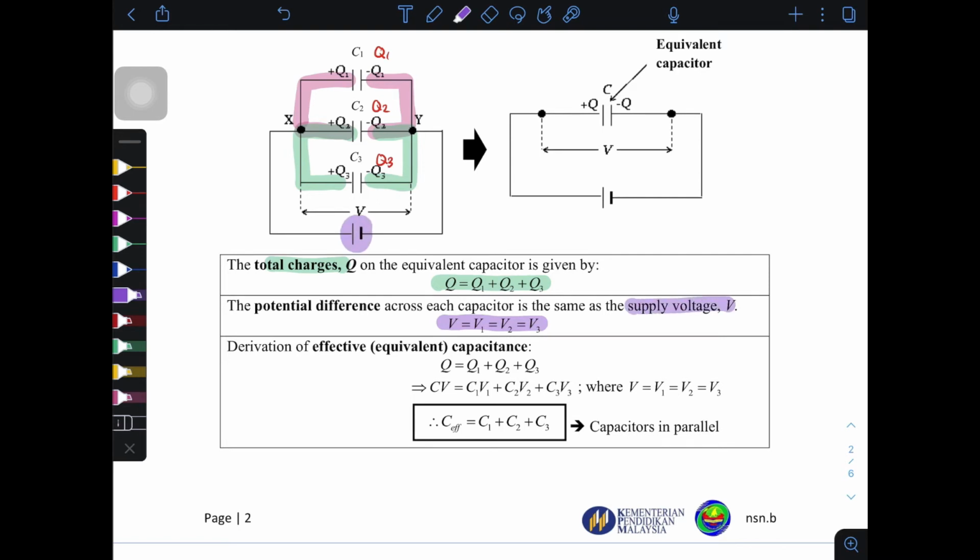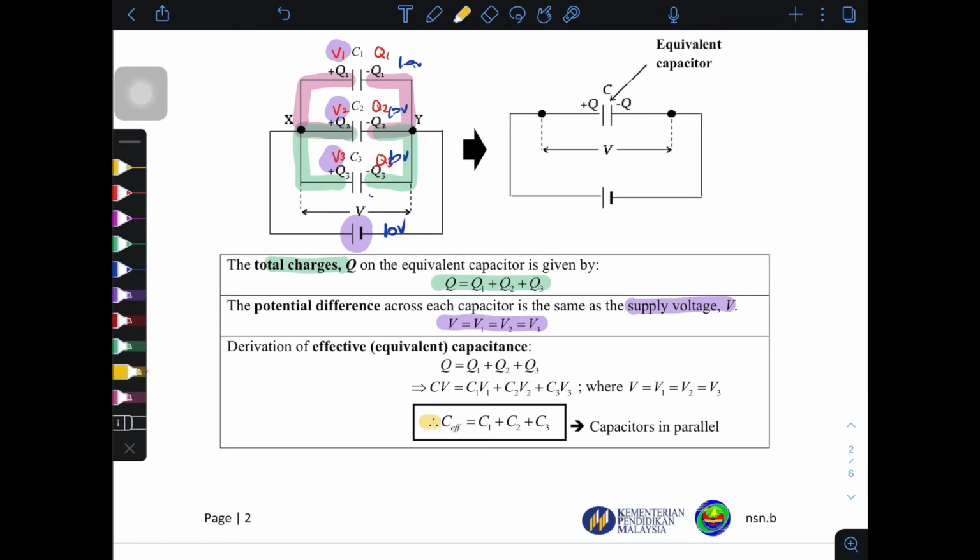So, this is the V supply. So, V supply sama dengan V1 dekat sini, sama dengan V2, sama dengan V3. So, V dia yang sama. Kalau 10 volt kamu bagi dekat sini, kat sini semua ada 10 volt, 10 volt, 10 volt. Right? And the C effective ialah hasil tambah.